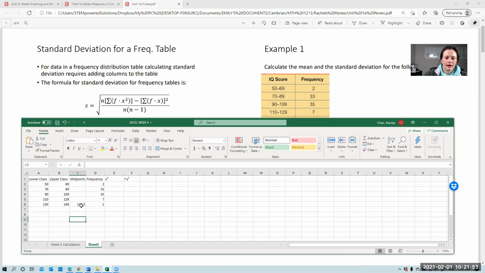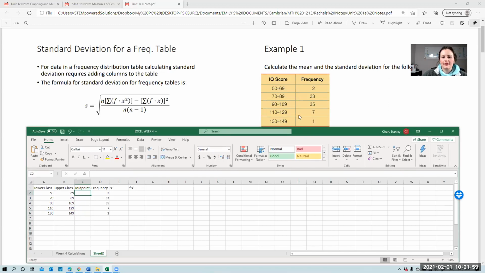Now we can, yeah. Okay. Basically I'm going to find the standard deviation of this table using this formula. Since this formula has really big numbers in it, I'm going to use Excel to tabulate the standard deviation. I have my lower class from my table, my upper class, and also my frequency from my table.